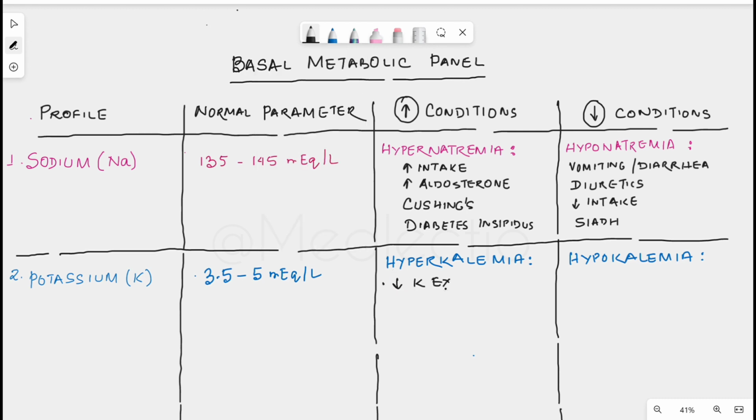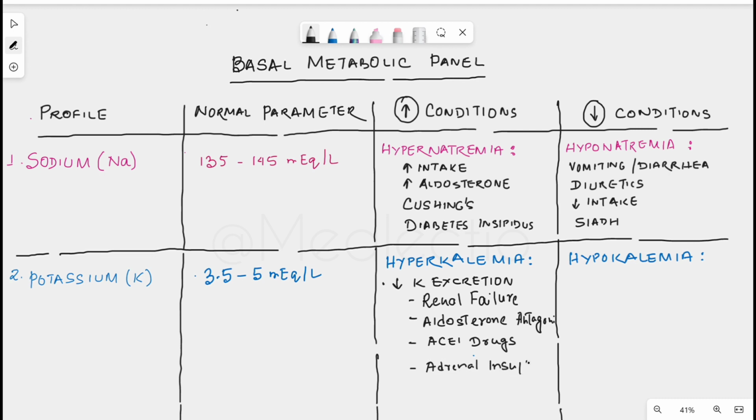First one is, as you know, decreased potassium excretion from the body. What causes this? First, renal failure: if renal failure occurs, you can't excrete the potassium, so hyperkalemia will occur. Then with aldosterone antagonists, potassium excretion decreases. Then with ACE inhibitor drugs like ramipril and captopril, potassium excretion decreases.